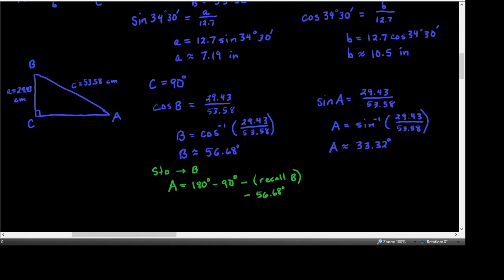But I would expect that you, since you're using a rounded number, that you wouldn't actually type minus 56.68, but you'd actually type minus and then pull back the answer with all the digits for B in there. And you should get, once you do that, the same answer when rounded to 4 significant digits. You should get this same thing.